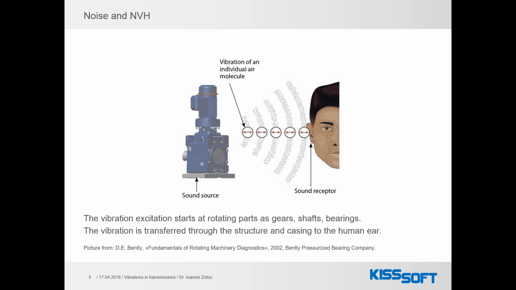Then this is perceived as noise or as sound at the ear of the receiver. So in order to be able to analyze noise, we should first of all analyze vibrations, to know what the exciting forces and frequencies on the housing are that in the end generate this noise.